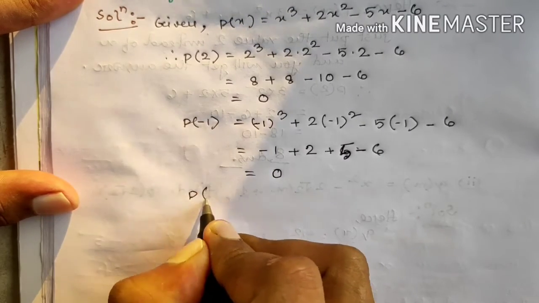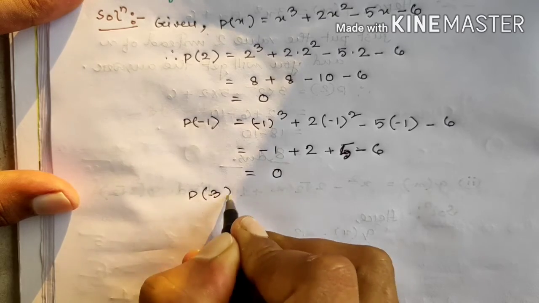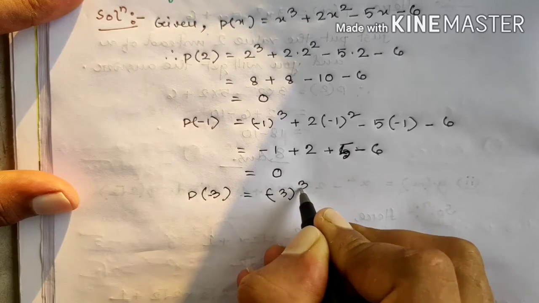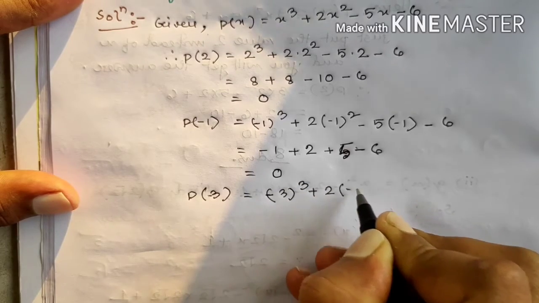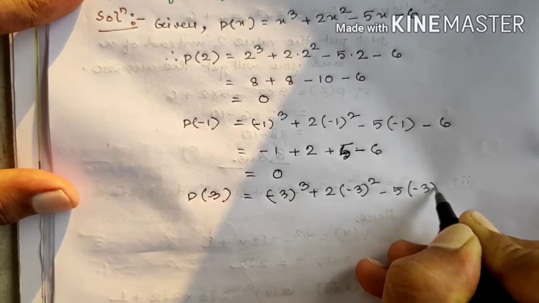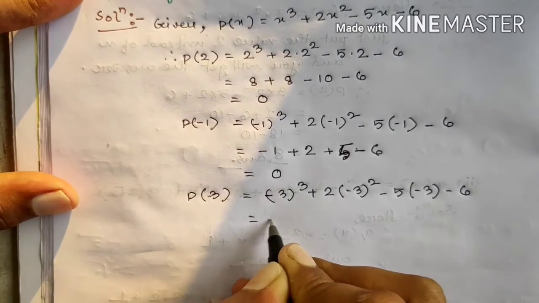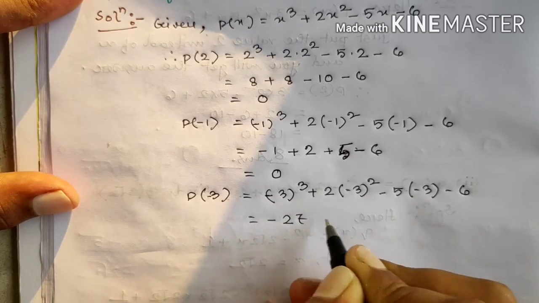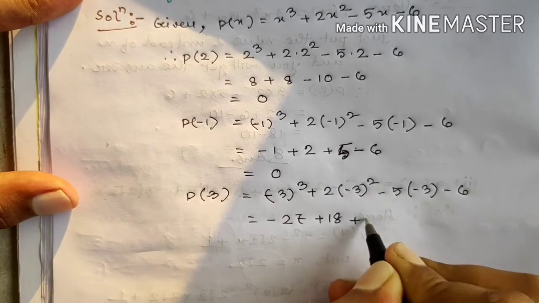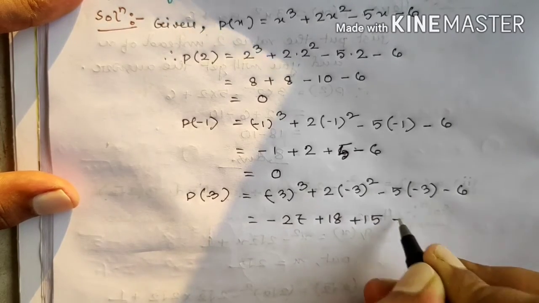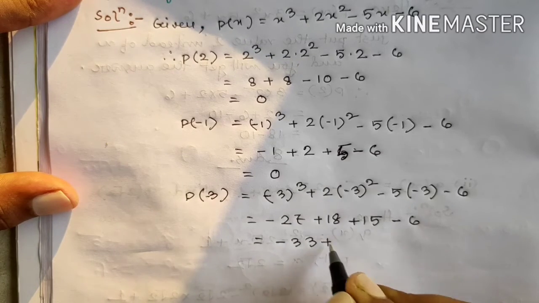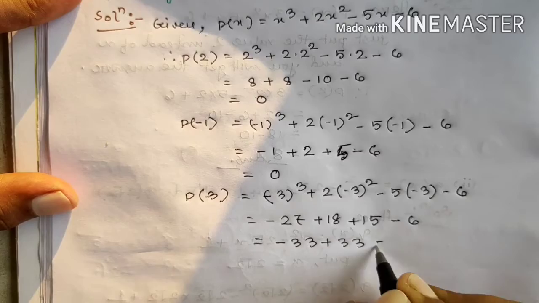Now for p of minus 3, minus 3 whole cube plus 2 into minus 3 whole square minus 5 into minus 3 minus 6 equal to minus 27 plus 2 into 9 equal to 18 plus 15 minus 6 equal to minus 33 plus 33 equal to 0.